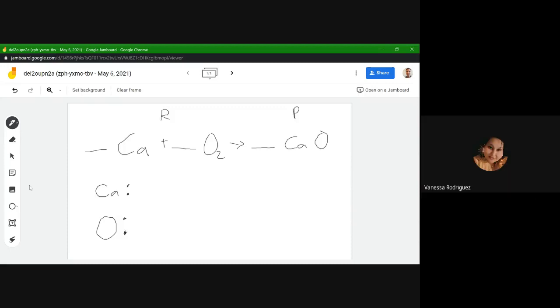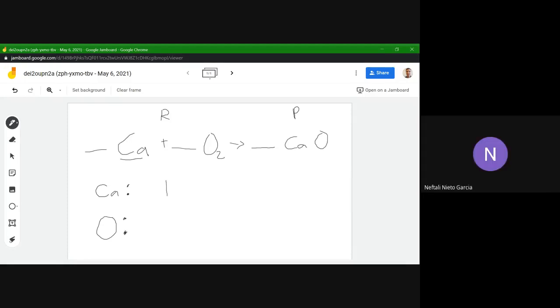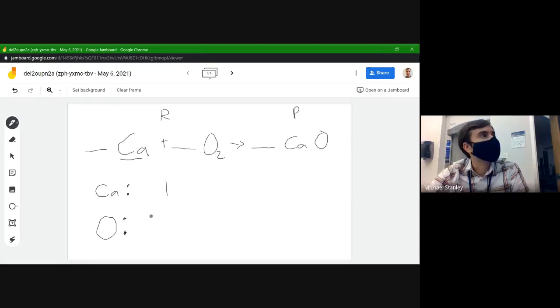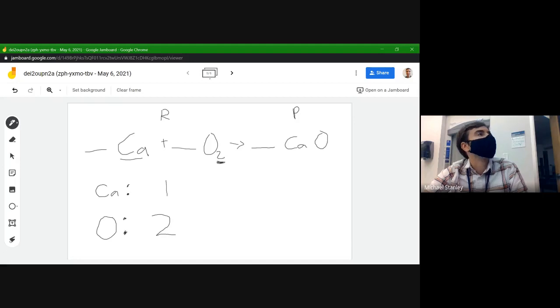One. Exactly. Just this guy right here. So we've got one Ca on the reactants. How many oxygens are over here on the reactant side? Two. Bingo. Two, because of this guy right here. So we've got one Ca and two oxygens on the reactants.